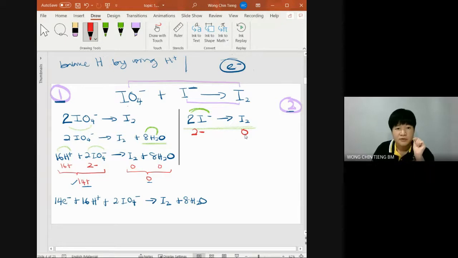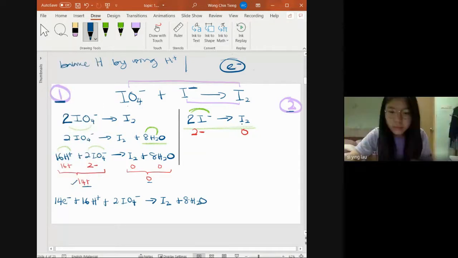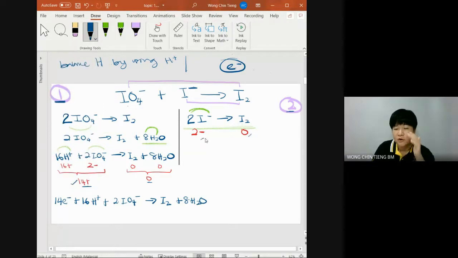Lau, who is more positive in this case? I2. Alright. 0 and also 2 minus, obviously 0 is more positive. And therefore, Lau, how many electron is going to be added in? 2 electron. 2 electron is going to be added in here. Question?